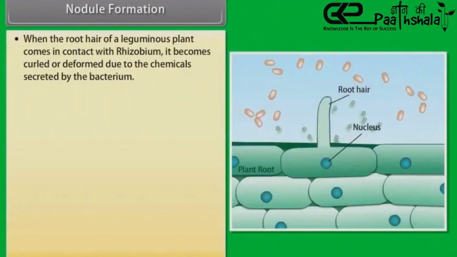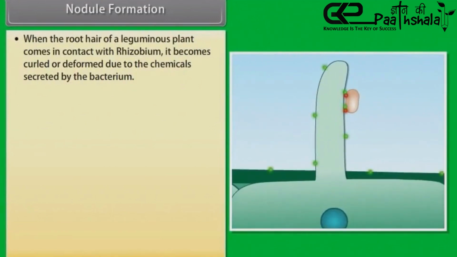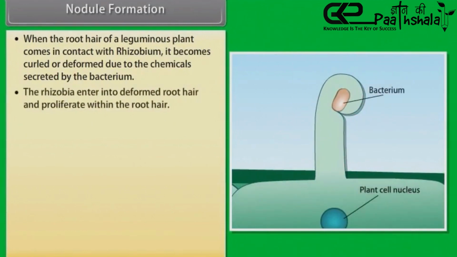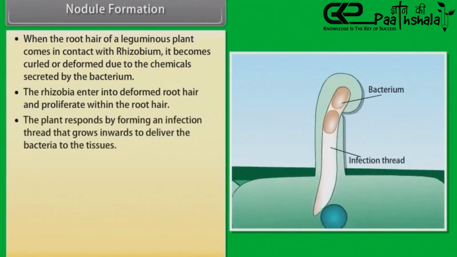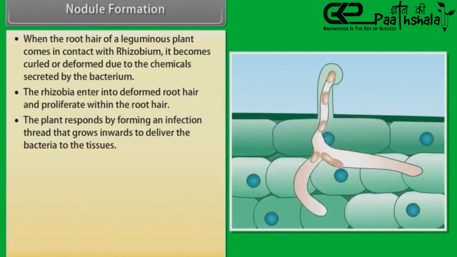Nodule formation. When the root hair of a leguminous plant comes in contact with Rhizobium, it becomes curled or deformed due to the chemicals secreted by the bacterium. The rhizobia enter the deformed root hair and proliferate within it. The plant responds by forming an infection thread that grows inwards to deliver the bacteria to the tissues.